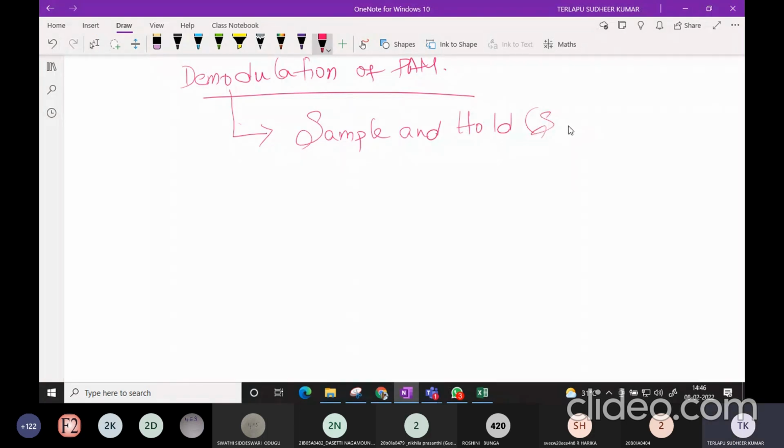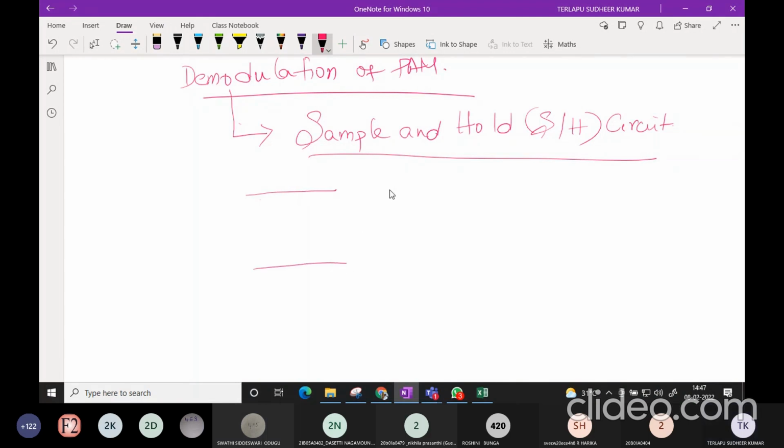We simply call it S by H, the sample and hold circuit. You are following, right? Yes, sir. So how will a sample and hold circuit look?